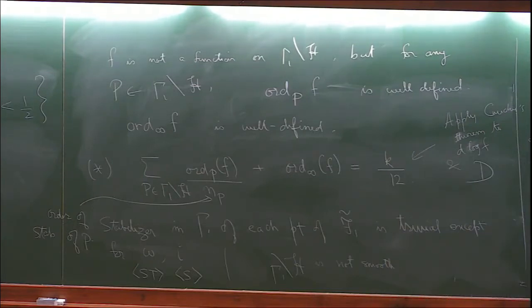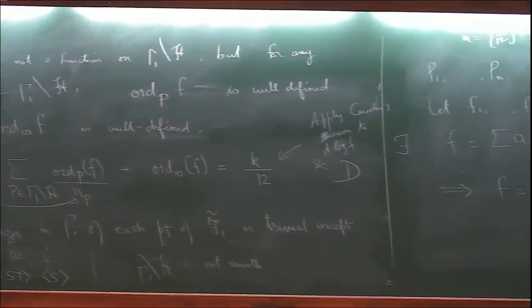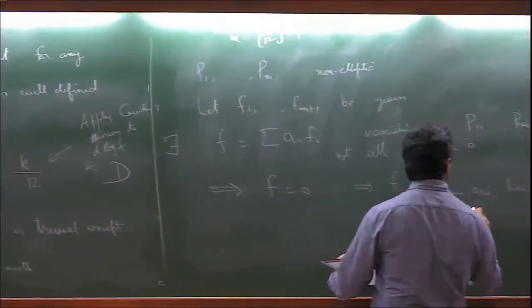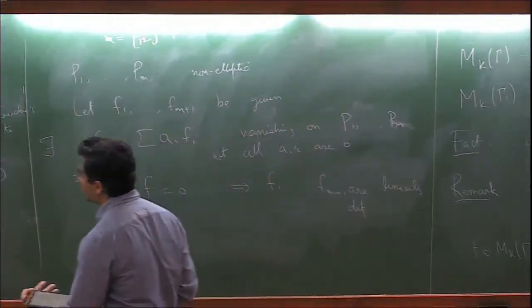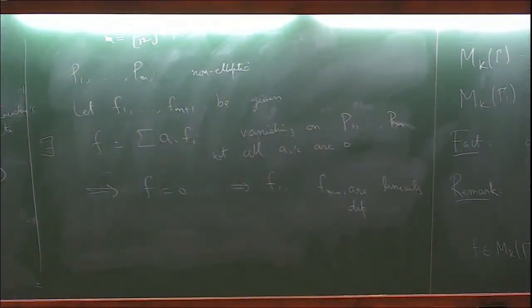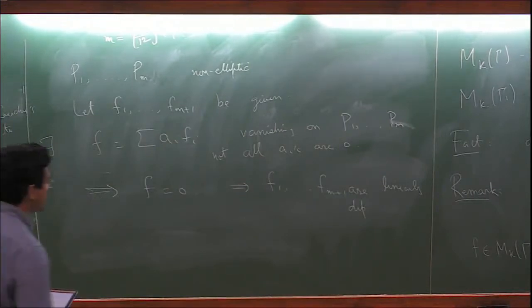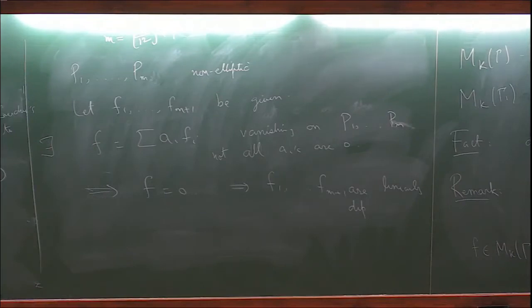So this implies that f1 up to f(m+1) are linearly dependent. So that gives me the inequality I want when k is not congruent to 2 mod 12.